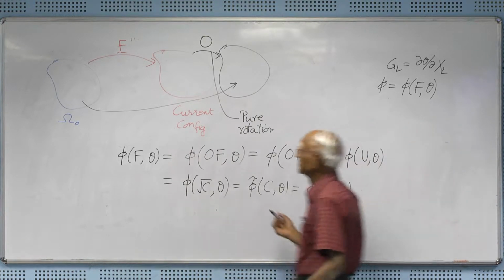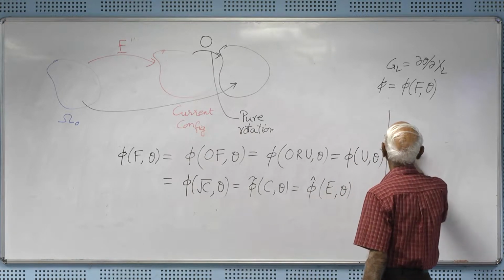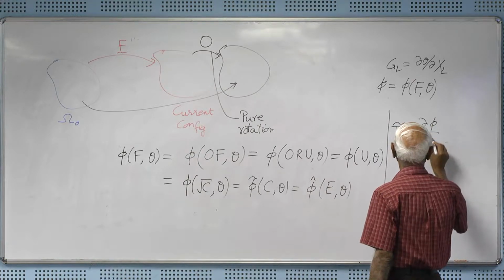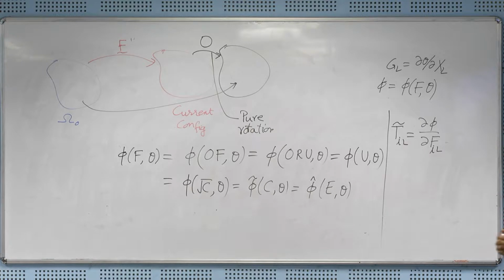So T_iL, which we talked about, is then delta phi over delta F_iL. That was required by the entropy inequality. That's what we got.